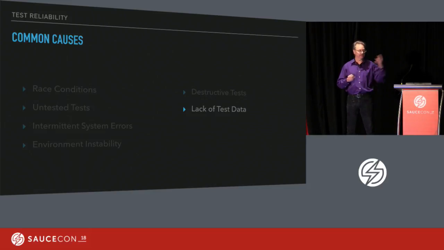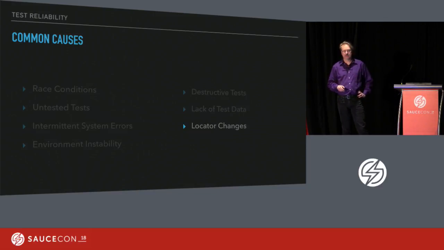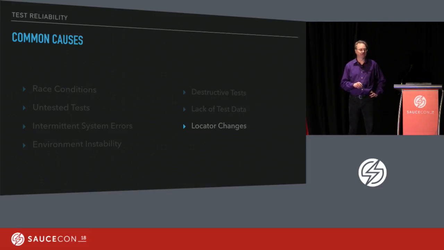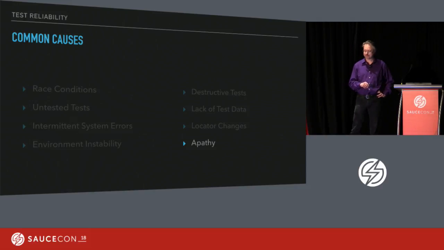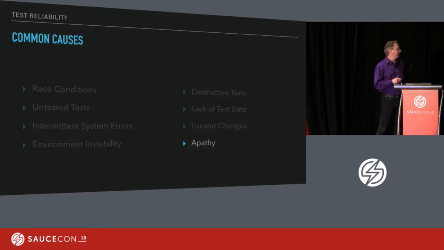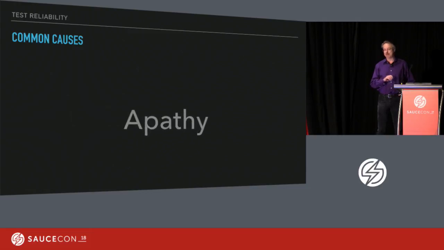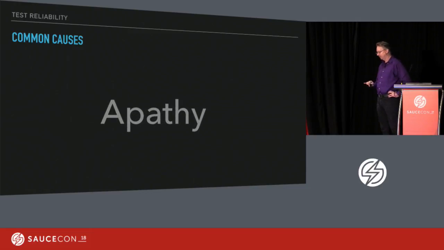People say, oh, well, there's some production data, we'll just use that. The data changes. Locators, okay, there's a lot of coverage talking about locators and why locators change. Apathy. Now, as I said, these are only a few causes, and some of these may be, in my opinion, a little bigger issues than others, but I am not going to point fingers at any of them.